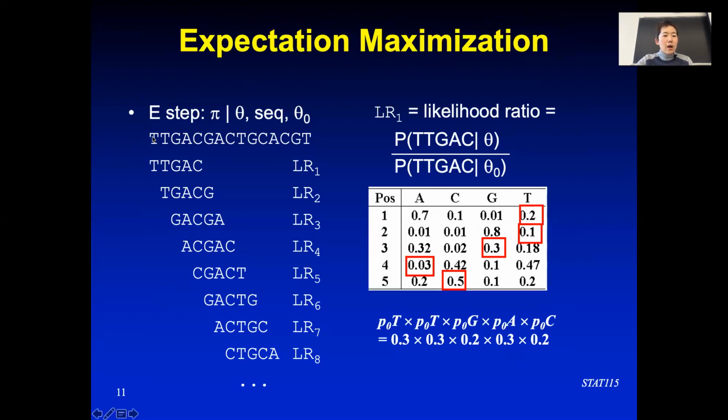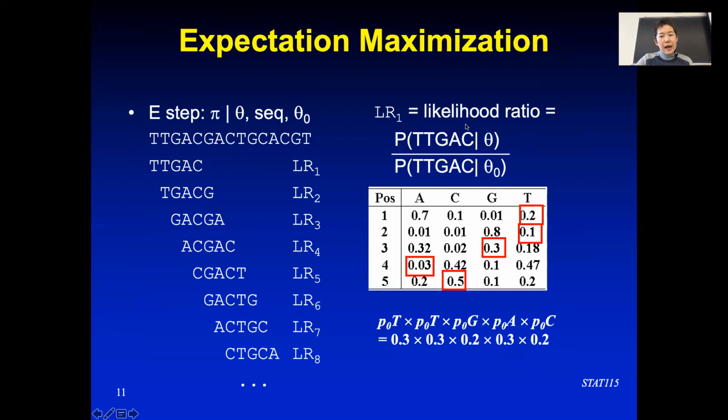And so now for each of the input sequences, I'm only showing a motif of width 5, but most of the time transcription factor binding sites are probably like 8 or 12 or something, right? So I'm only showing you a motif of width 5. And so we look at this particular 5-mer. We say, okay, let's give it a likelihood ratio. Let's score this one by the current matrix.